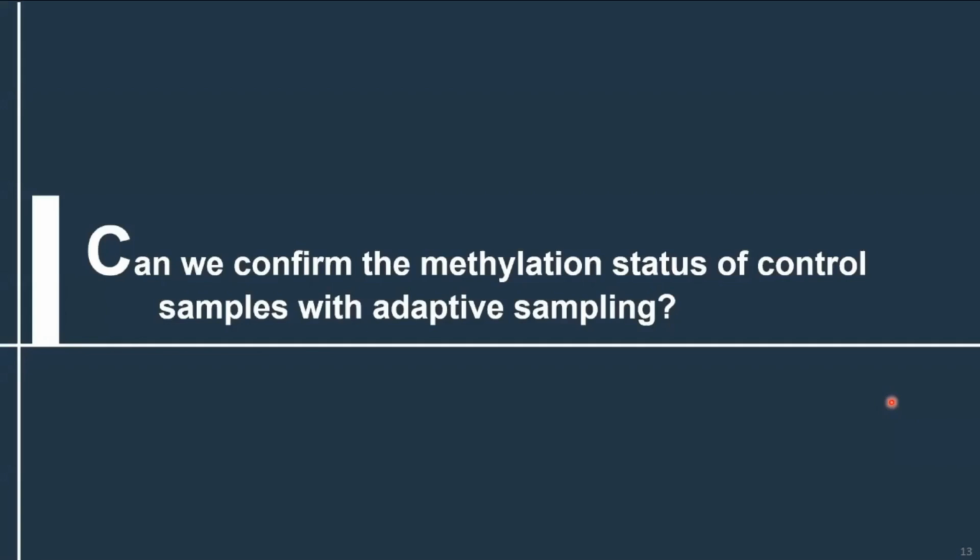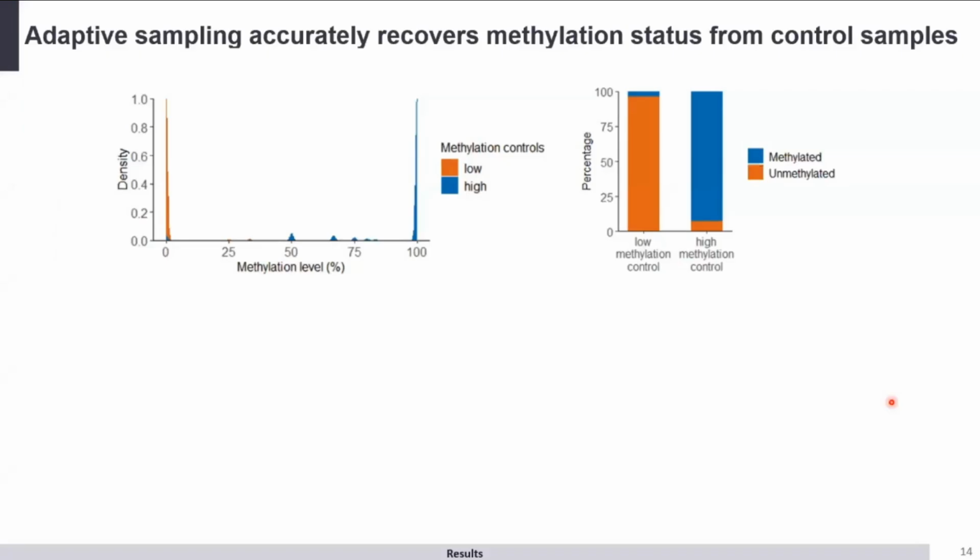Next, we sequenced the control samples with high and low methylation to see if we could confirm the methylation status of the control samples using Nanopore adaptive sampling. Firstly, we observed overall methylation levels that matched our expectations for each control sample. Specifically, the mean methylation was 93% for the high methylation sample and 4% for the low methylation sample.